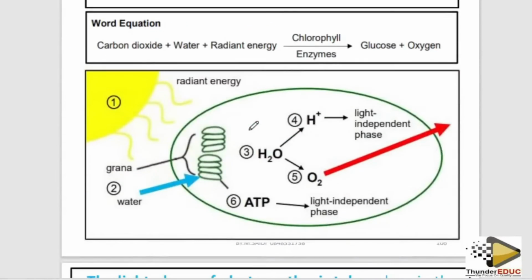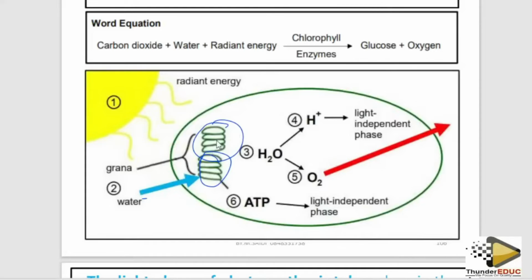In the light phase, the first thing that occurs is the light is trapped by the thylakoids, the grana. The light phase occurs in the grana, while the dark phase occurs in the stroma.